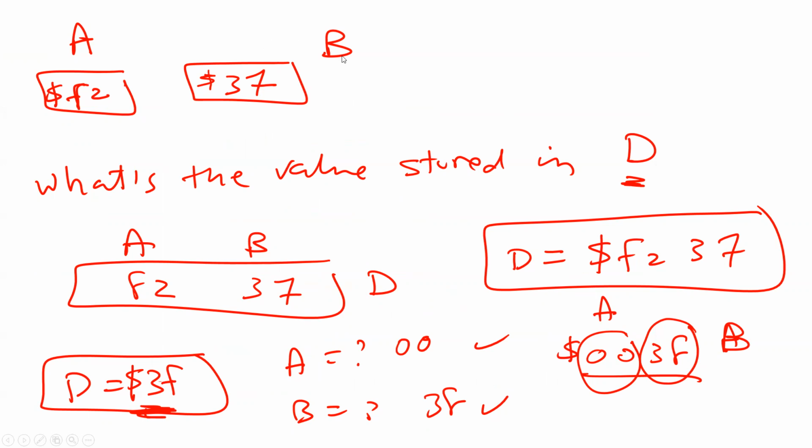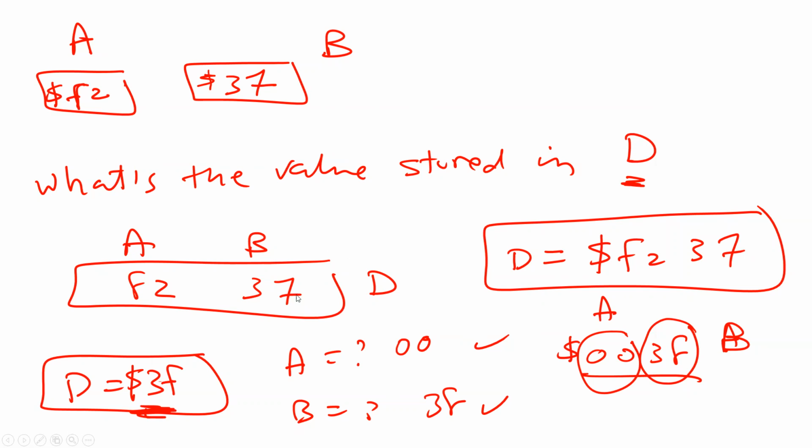I can use register B as a byte. Or I can concatenate them to use a 16-bit register. That's what I'm going to ask you tomorrow in the quiz. If I give you the value of register A and the value of register B, what is the value stored in register D?